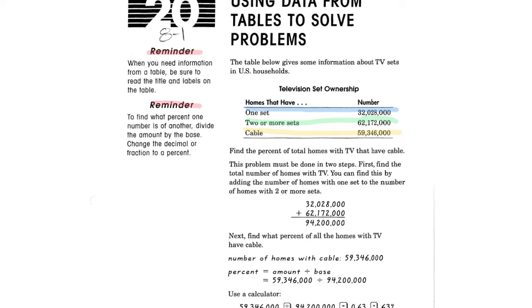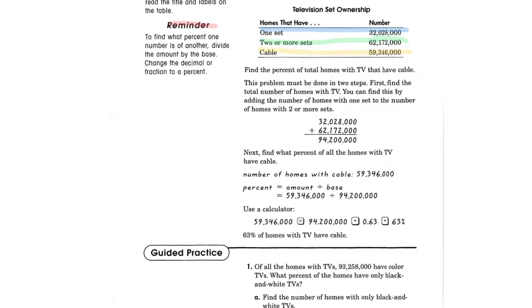Next, find what percent of all homes with TV have cable. The number of homes with cable is 59,346,000. To find the percent, you take the amount divided by the base. So it's 59,346,000 divided by 94,200,000. And it says to use a calculator.